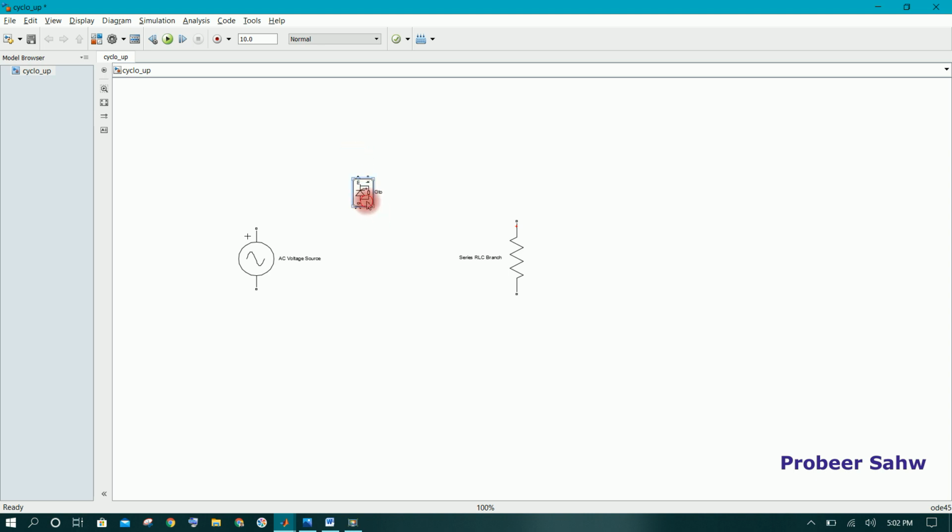Anode is upside, cathode is downside, so our P group. Let us rename this to P1. We require 4 thyristors for P group.